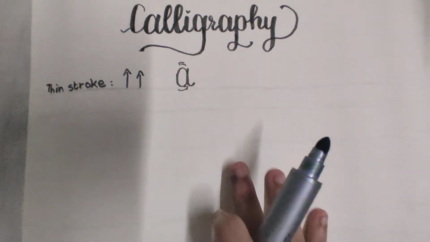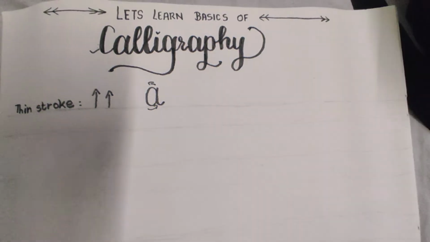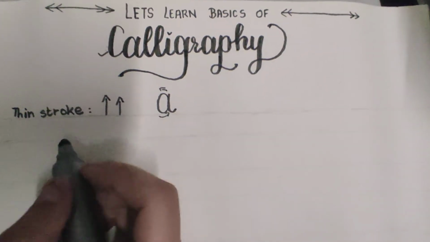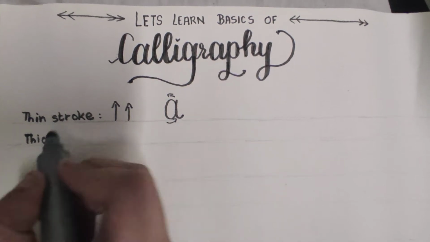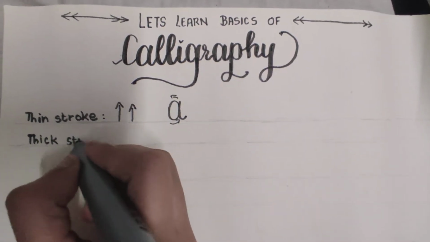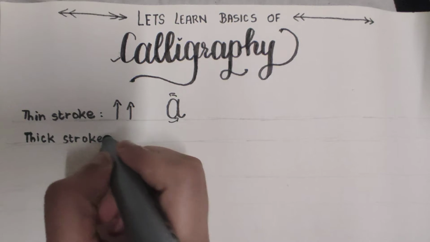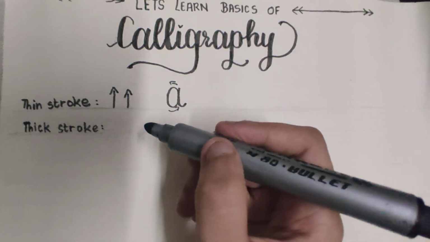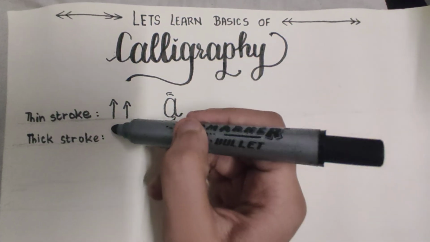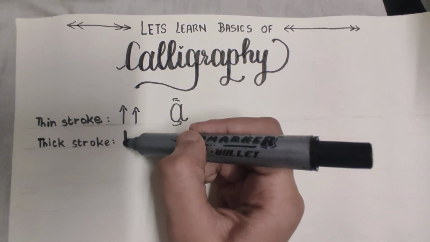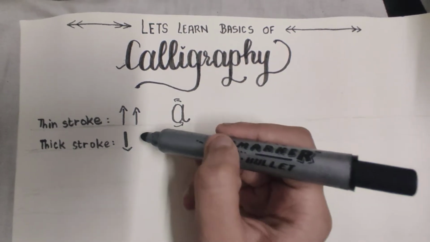Now let's move to another stroke, which is the thick stroke. It is opposite to the thin stroke. We always apply the thick stroke whenever the line is coming from up to down.